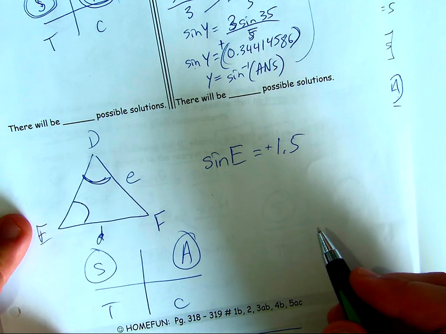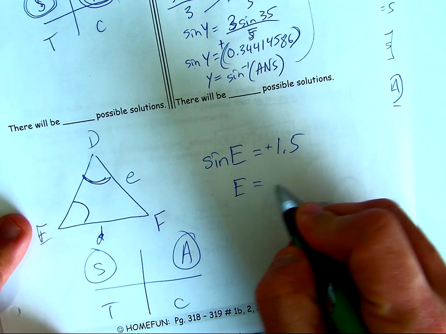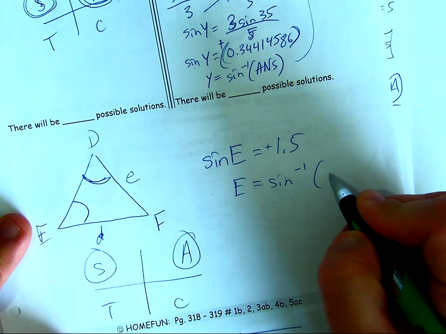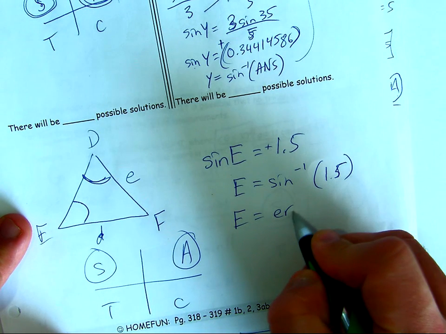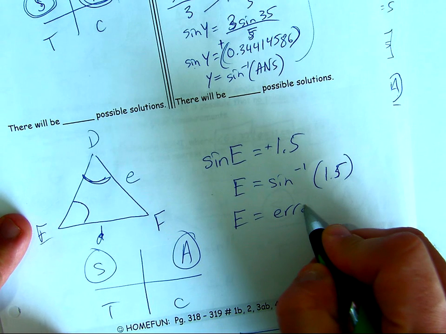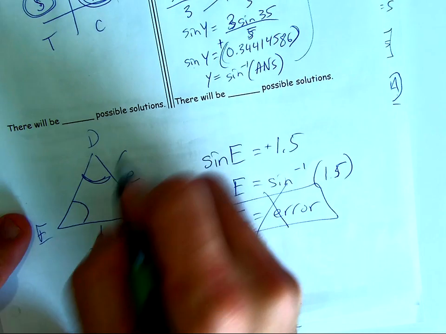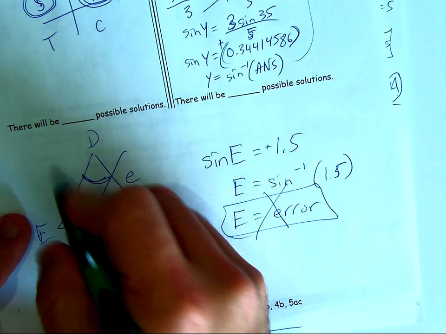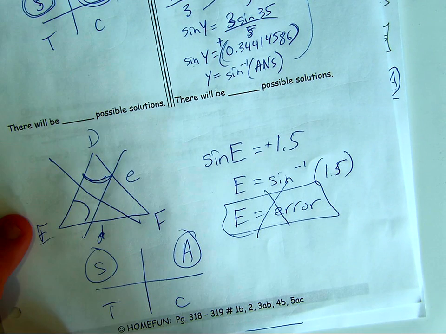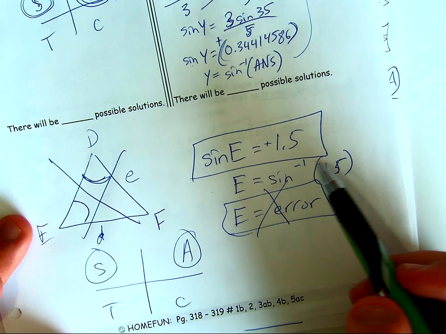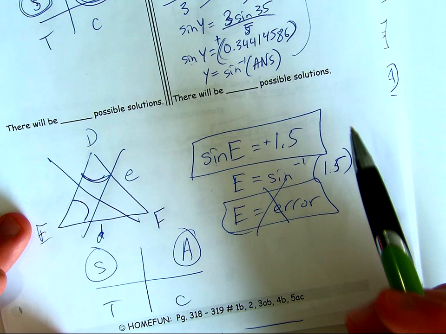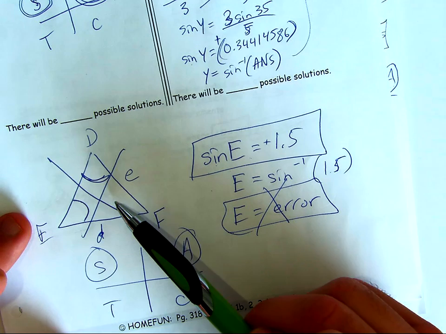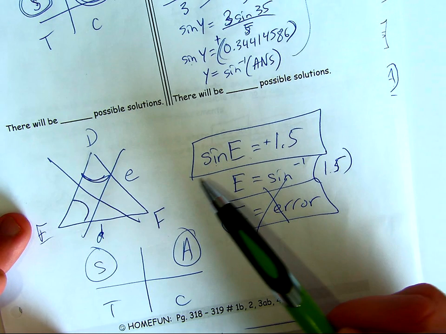Now, when you go to do the sine inverse of this 1.5, you'll see that this actually says error. So if it says error, that means that you cannot construct a triangle with those measurements. It's actually impossible to complete the problem, meaning that you cannot construct a triangle with those dimensions.